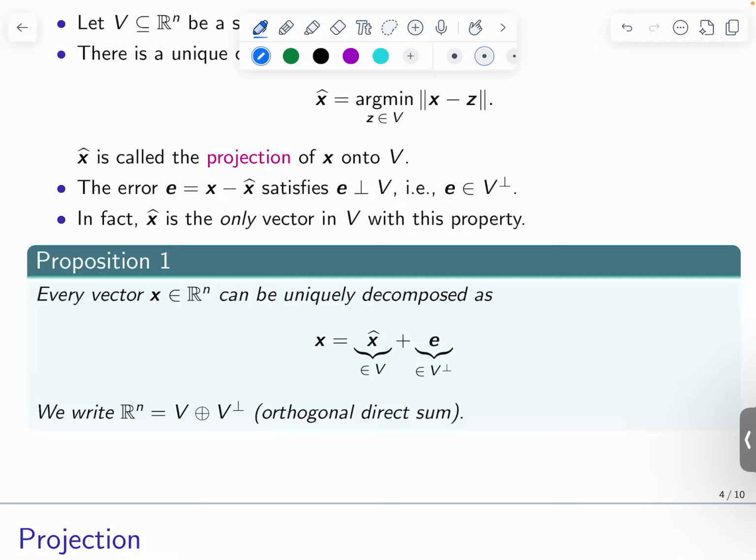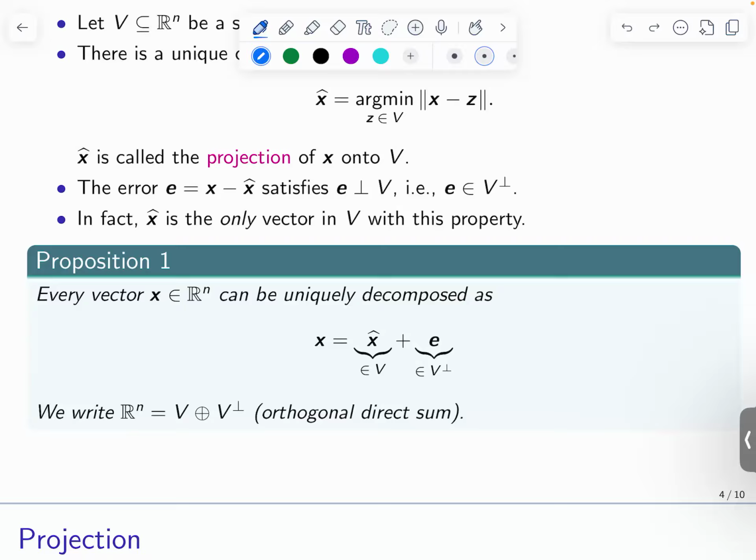R^m is the orthogonal direct sum of V and V perp, which means I can write every vector as a unique decomposition into two vectors, one in V and one in V perp. This particular notation is not very important for us, but if you read a more advanced linear algebra course and run into something like this, this is what I mean.